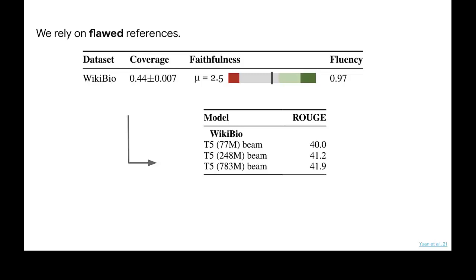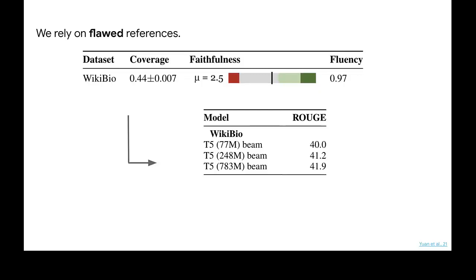And the faithfulness level on a scale from 1 to 5, where 1 is completely made up and not grounded in any of the attributes, and 5 is completely faithful to all of the attributes, the average is about a 2.5, with most people leaning negative or neutral. The only thing that is good about references is that they're typically fluent because they're taken from, in this case, real Wikipedia.